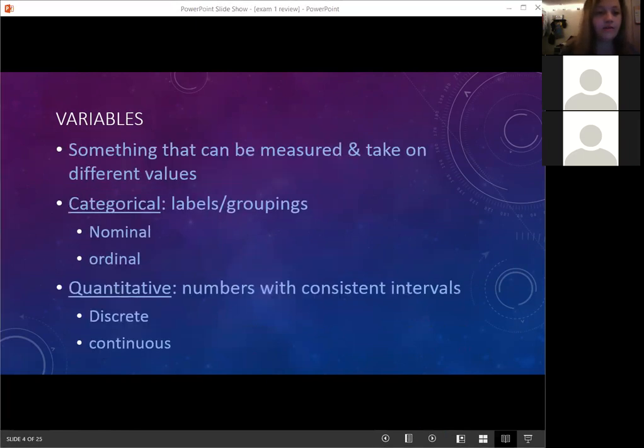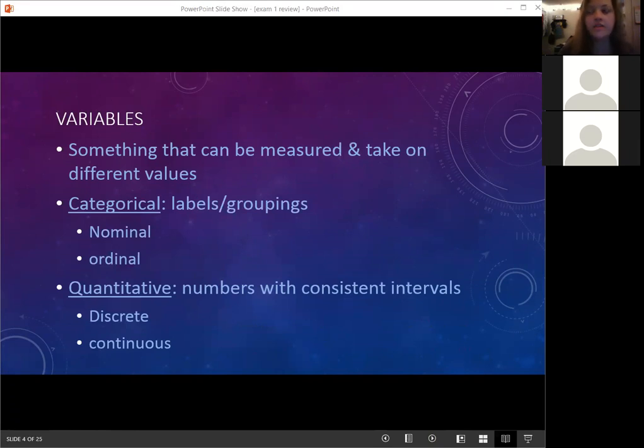Okay, so more about variables. These are other ways to categorize them. We have categorical and quantitative. Remember, categorical are just going to be labels. Nominal and ordinal are two different types of categorical. Our nominal ones don't have any type of hierarchy to them, and they can have any order.